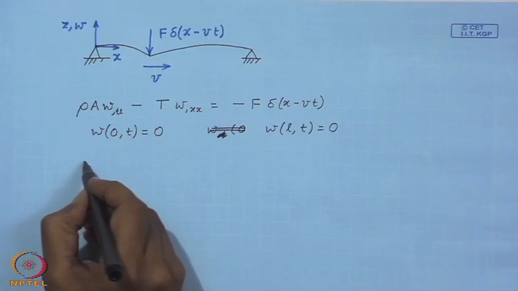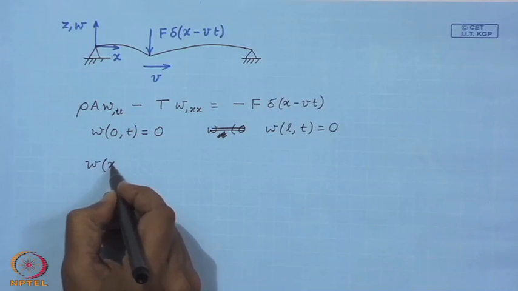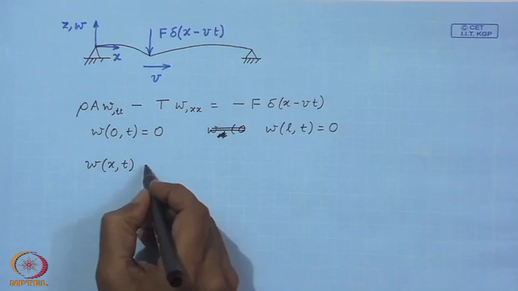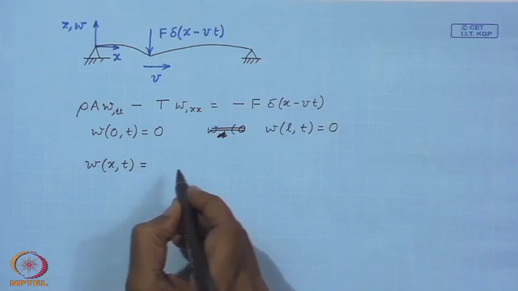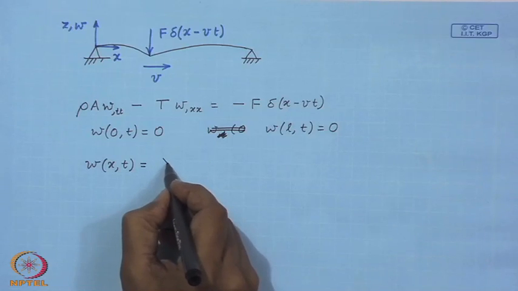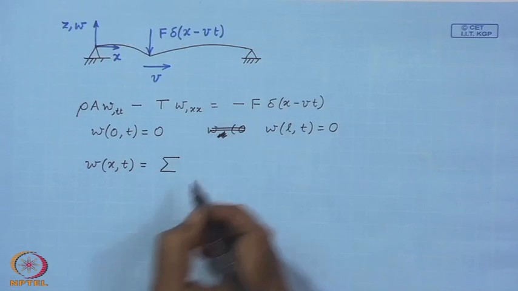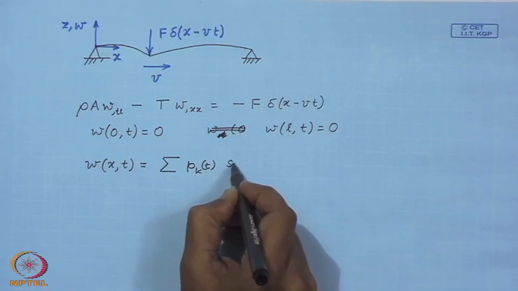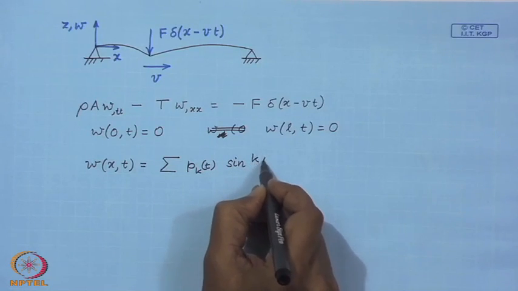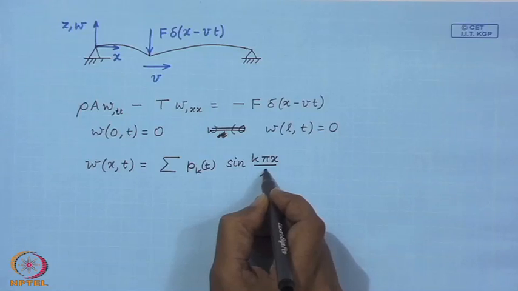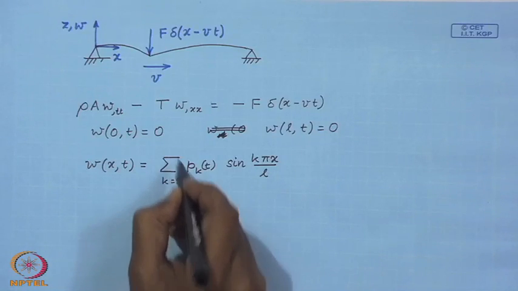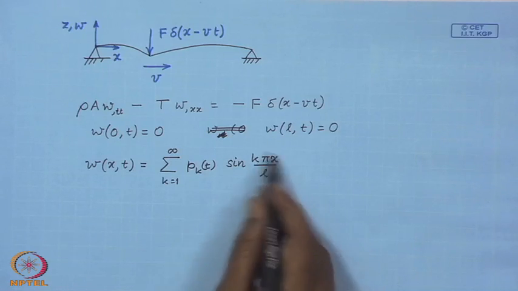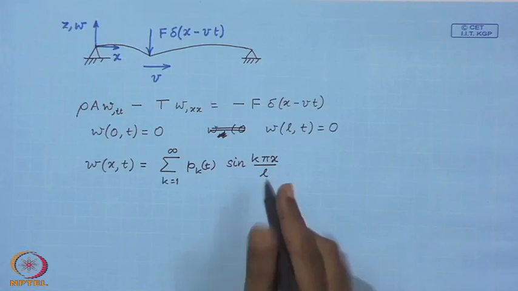Now, here we will be looking at the forced problem using this expansion in terms of the eigenfunctions of the taut string.